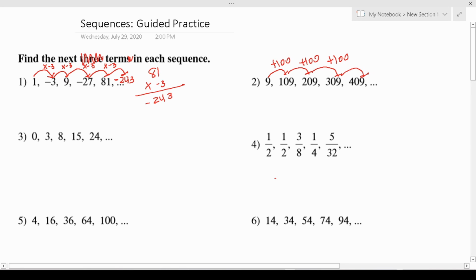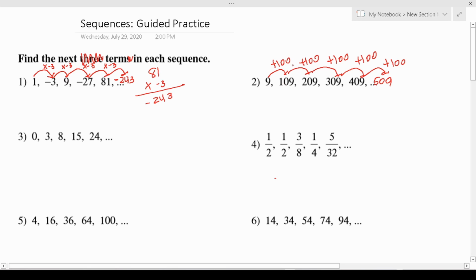And to go from 309 to 409, we're adding 100. So to find the next term in this sequence, we're simply going to add 100 to 409, which is going to be 509.